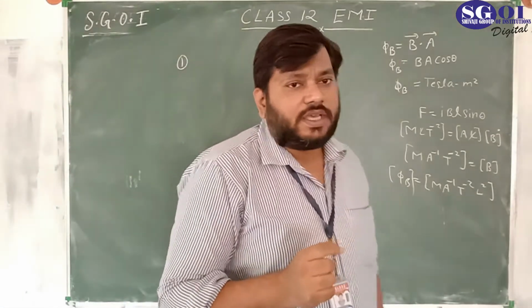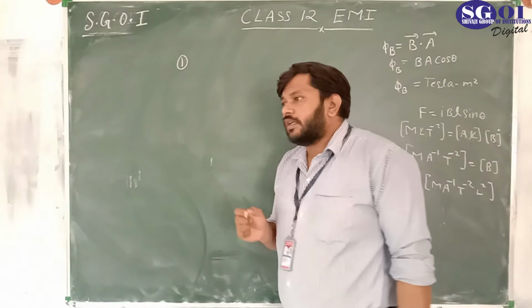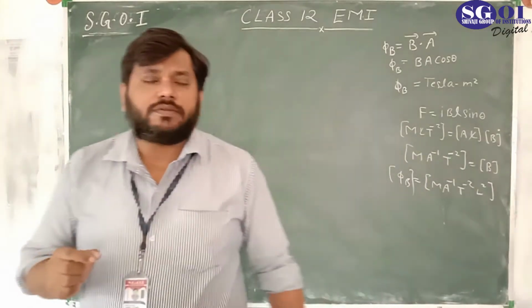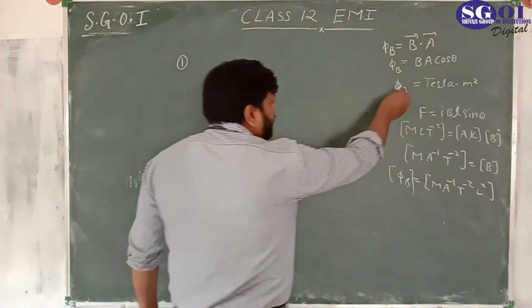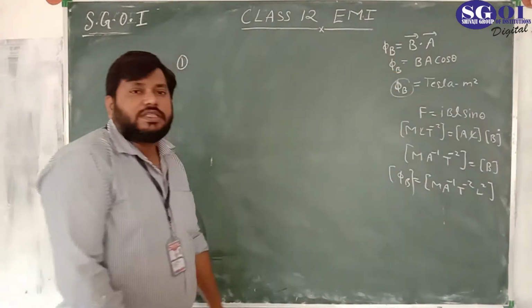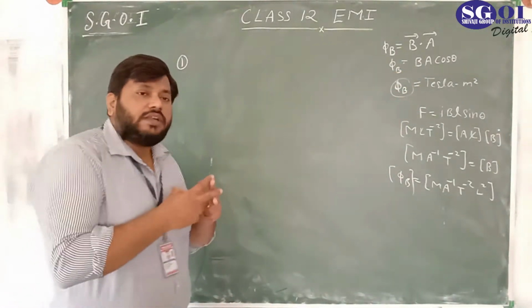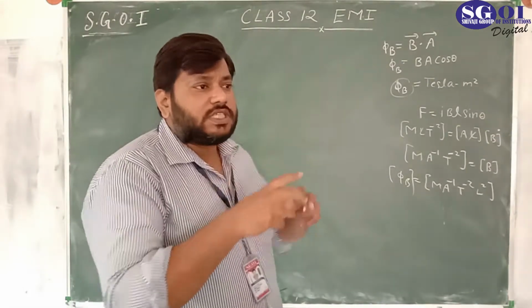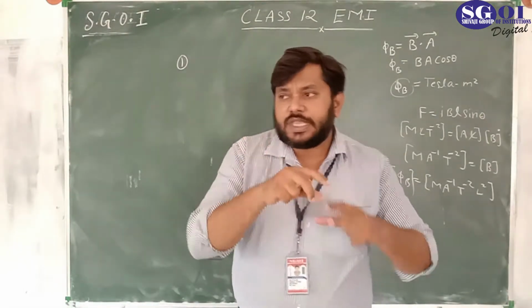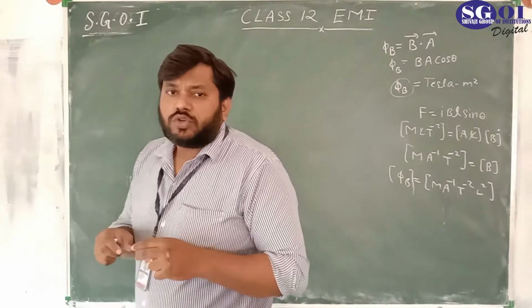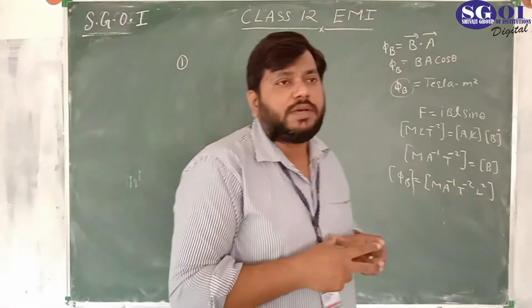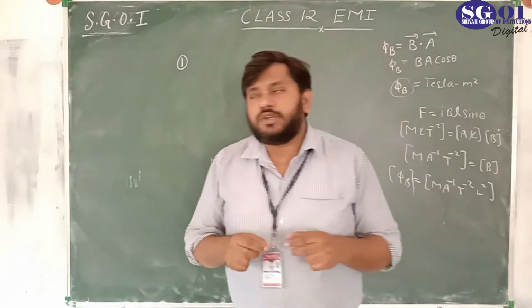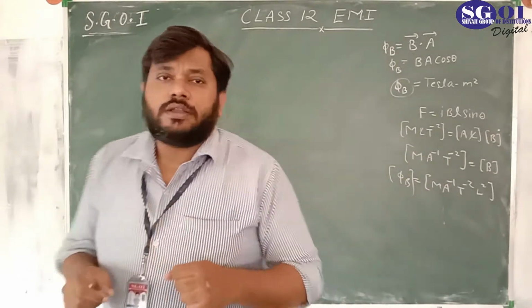Very important word here: change. You have to take notice of this particular word. Whenever there is a change in magnetic flux phi B linked with the coil, meaning the flux which is passing through a coil, an EMF is induced across the ends of the coil.